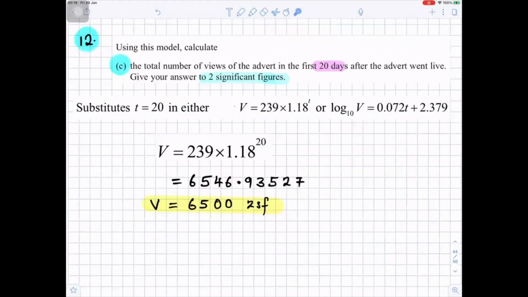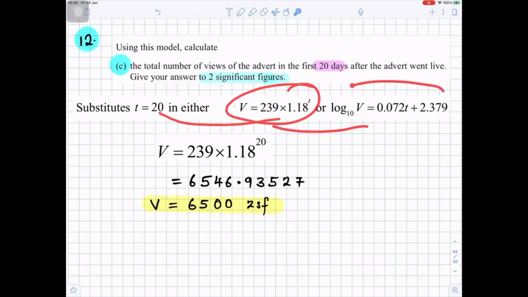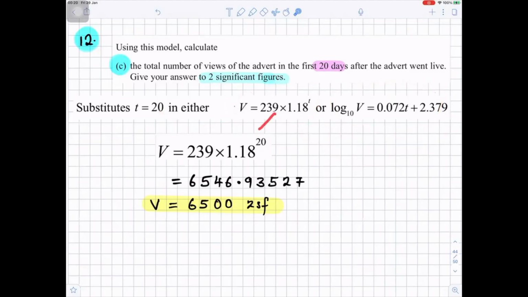Using this model, calculate the total number of views of the advert in the first 20 days after the advert went live. Give your answer to 2 significant figures. So we want to substitute t equals 20, and we can put t equals 20 in this equation or in this one. I'm going to use the first one. So V is 239 times 1.18 to the power 20.